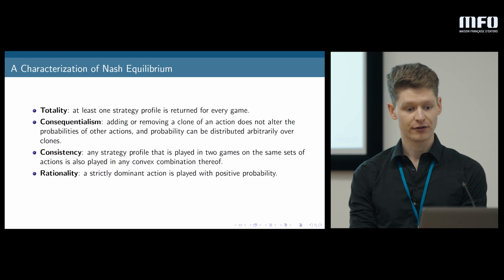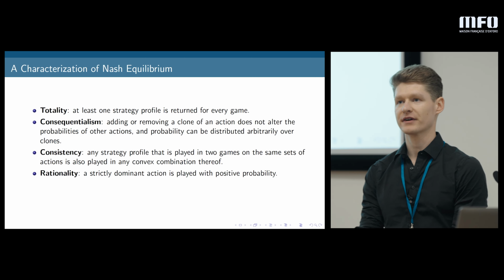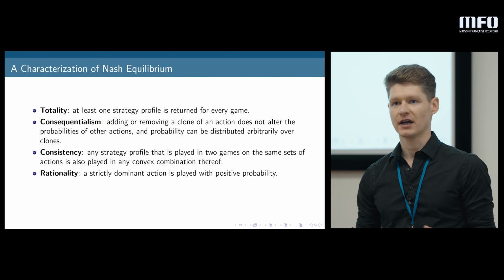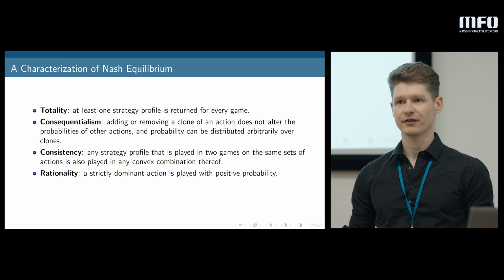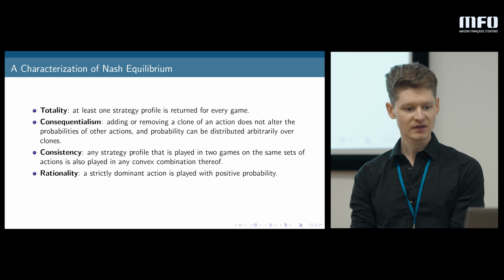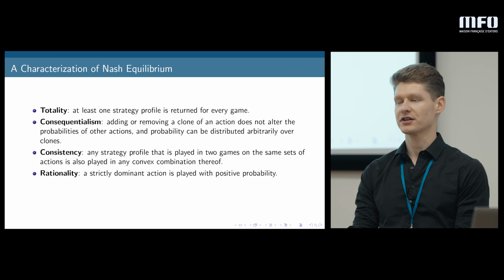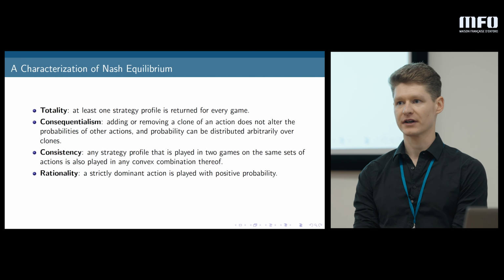Good. The third axiom we call consistency, which talks about convex combinations of games. So think about two games that have the same sets of actions, so both games are of the same size. And the axiom says if there's one strategy profile that's returned by the solution concept for both of those games, then it's also going to be returned in any convex combination of those two games.